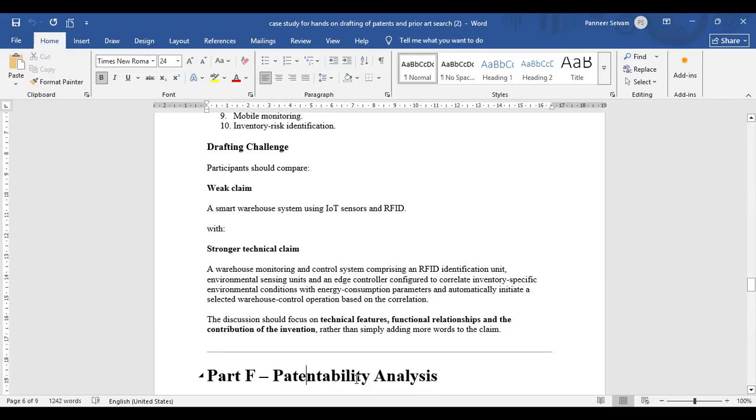The important lesson is that good patent claims are not necessarily long claims. They are stated clearly to identify the essential technical features, their functional relationships, and the technical contribution of the invention.